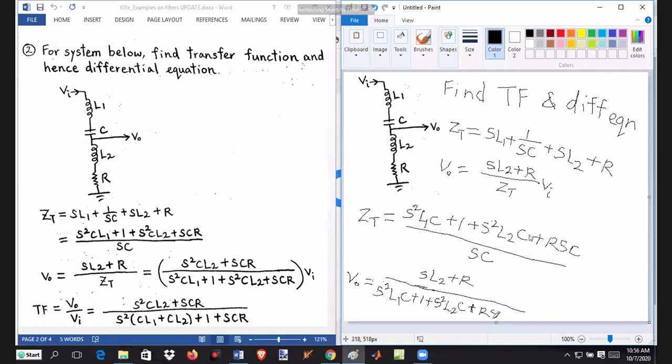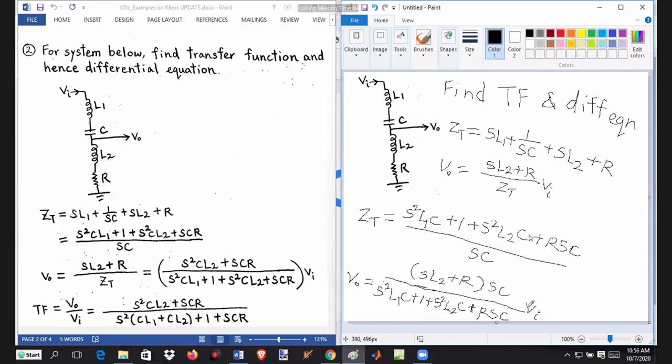Now don't forget the SC. SC will go to the top, so I put a bracket here. SC. Of course you have the VI there. So this is the output voltage VO. You get the output voltage like this.